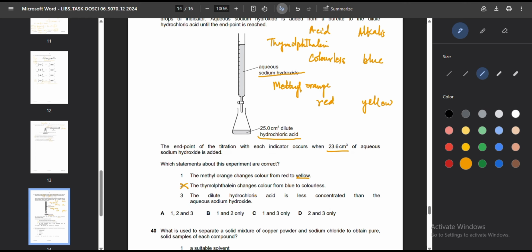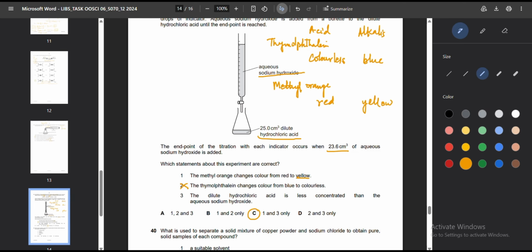The dilute hydrochloric acid is less concentrated than aqueous sodium hydroxide. Yes. So our correct option is option C, because we can say that 1 and 3 are correct.